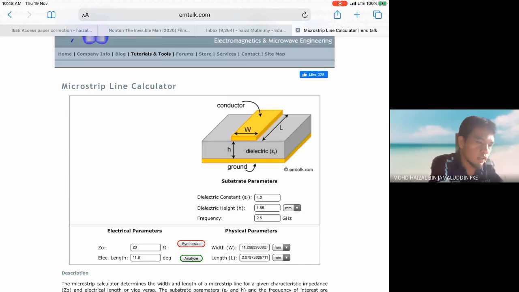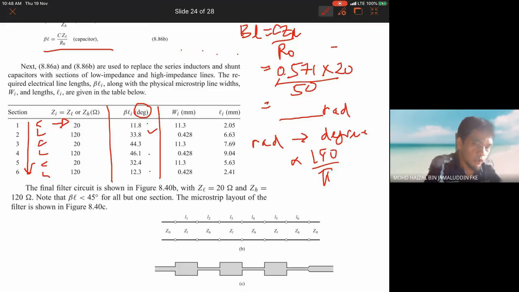If we look at the book here, the value is around 11.27 mm for the first section, and the length is approximately 2.05 mm. That's from the calculator. But unfortunately, in the final exam, you won't be able to use that.